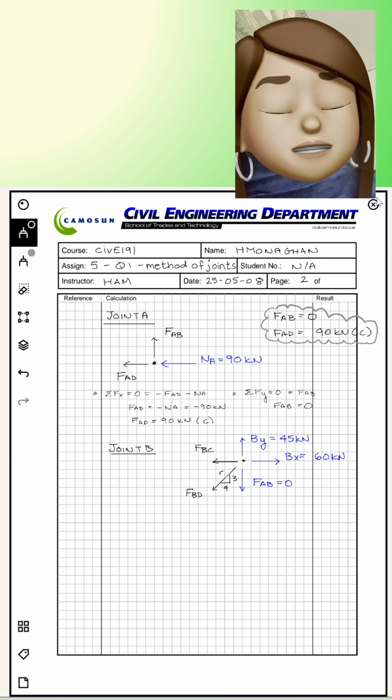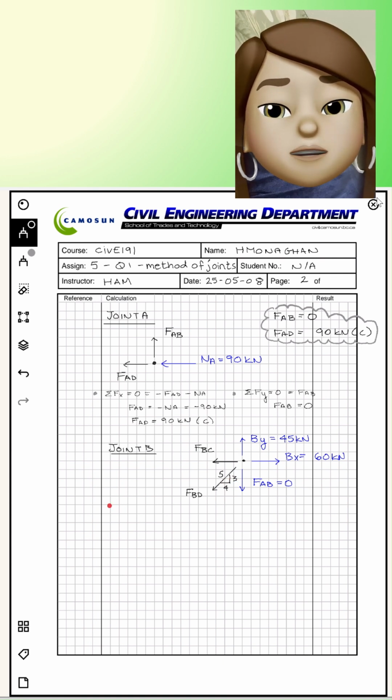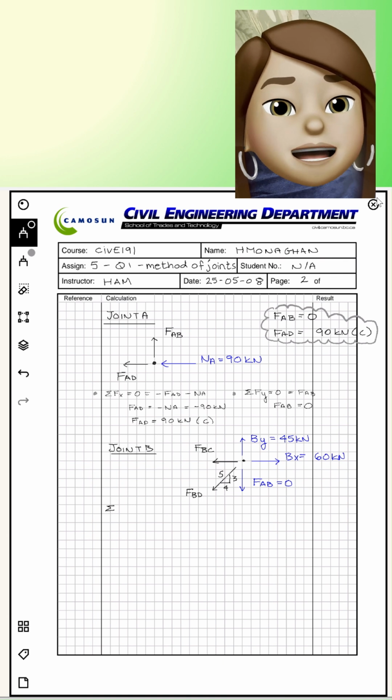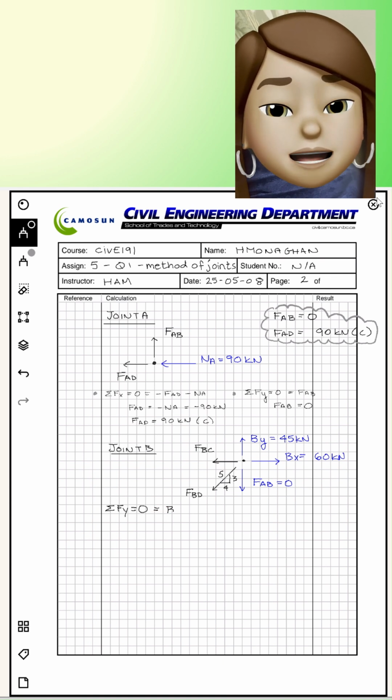And then we've got this other diagonal member, this force being transmitted into member BD. And this member is orientated at that traditional 4-3-5 triangle that we can see.